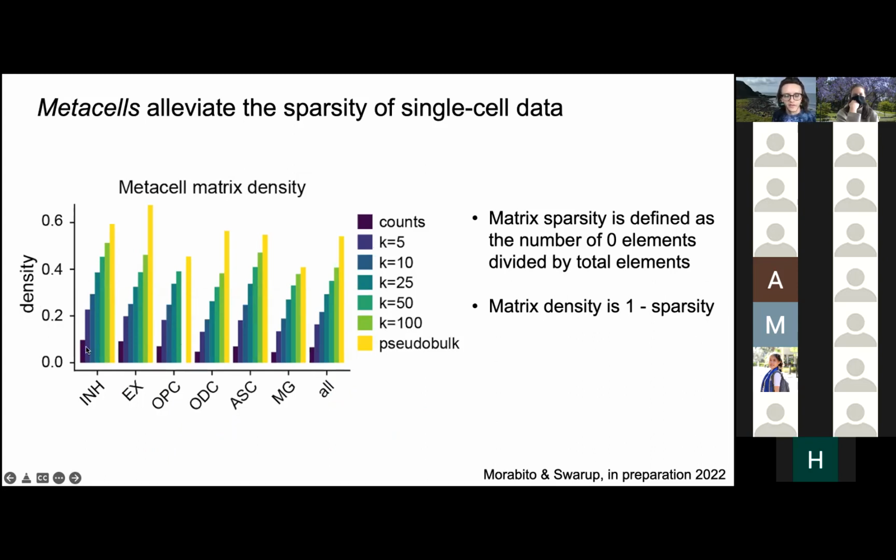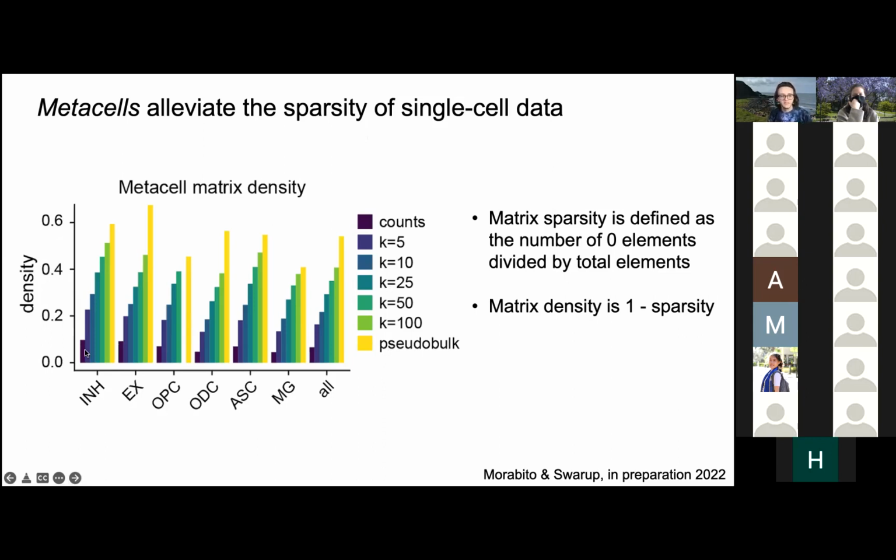All the way on the left side is the raw counts matrix, and all the way on the right side is the full pseudo bulk matrix, so that's putting all the cells from the same cell type together. And this is plotting density, which is just 1 minus sparsity, where sparsity is defined as the number of matrix elements that are 0 divided by total.